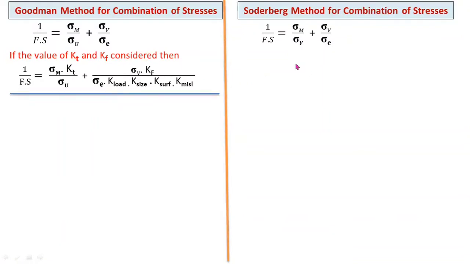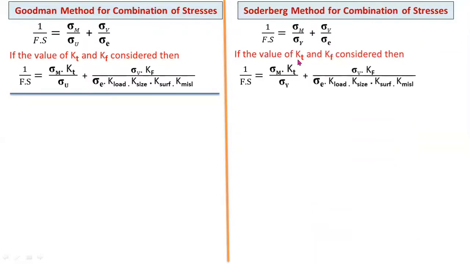In the same way, if you are considering Kt and Kf values for Soderberg method, then 1 by Fs equals sigma m by sigma y into Kt plus sigma v into Kf by sigma e, into load factor, size factor, surface finish factor, miscellaneous factor. From these two formulas, you can observe clearly the main difference between Goodman method and Soderberg method is ultimate stress and yield stress.